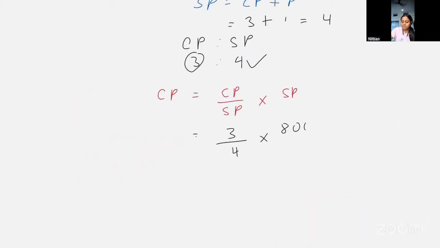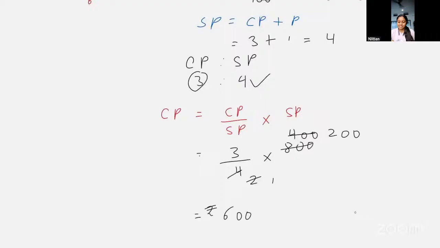Now I will multiply: 2 2s are 4, 2 4s are 8, 2 1s are 2, 2 2s are 4. 3 into 2 is 6, so 600 rupees is my cost price.